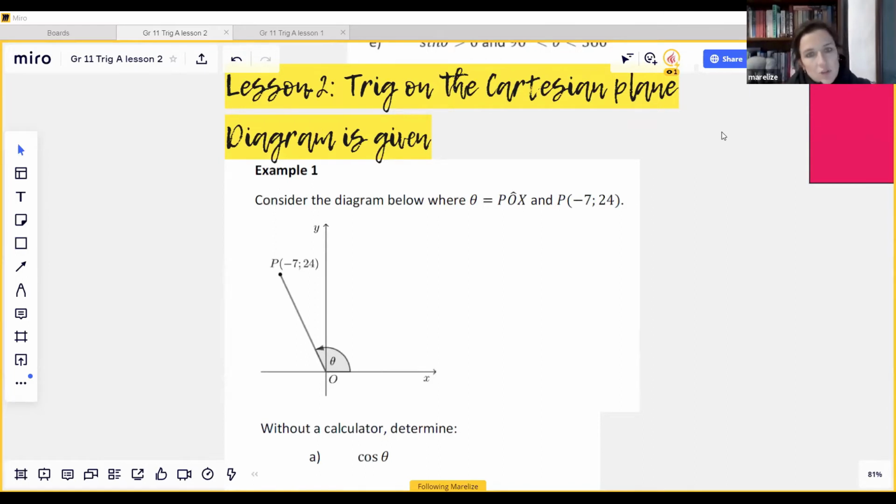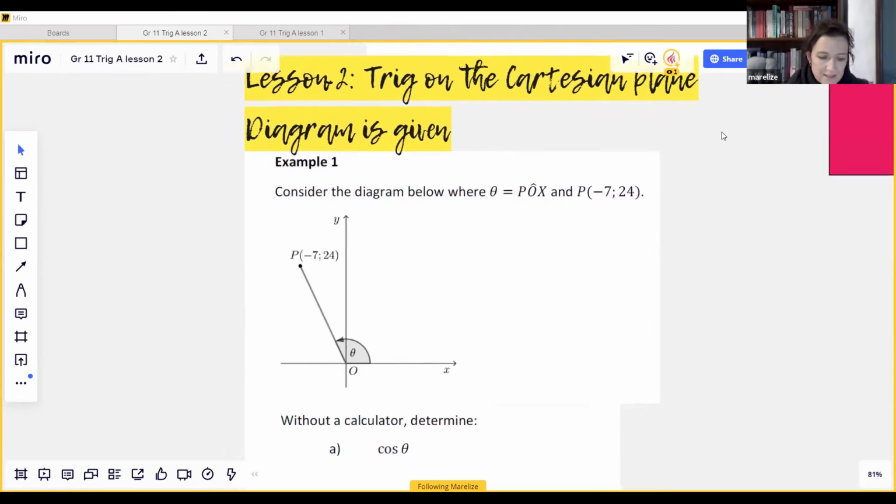The first trigonometry question involves a diagram and you not using your calculator to find sine, cos, tan, and any combination of things. So two things can happen. The diagram can be given, or you must draw your own diagram. So the first example I'm going to do is of where the diagram is given. Okay, so let's see.